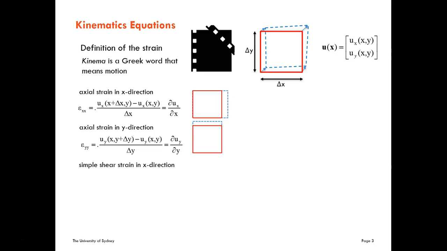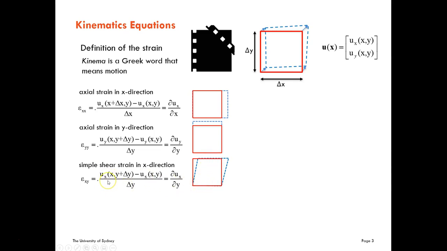And then we can define the simple shear in the x direction by these expressions. These are cross derivatives, the derivative of the ux displacement with respect to y, and the interpretation of this deformation is given by these simple shear deformations. So this bottom and this top move relatively in the x direction to produce a shear motion, and the simple shear strain is going to be the difference between the x displacements divided by the height of the element.